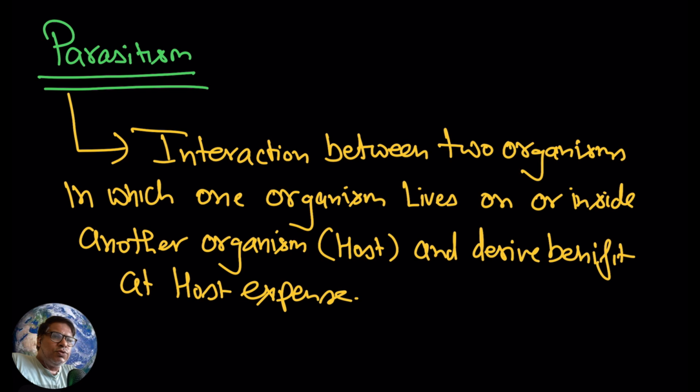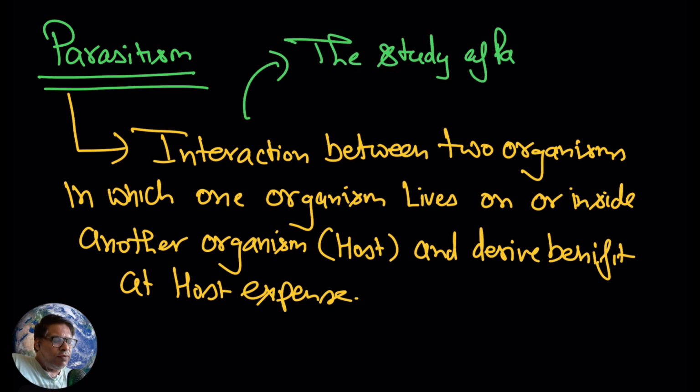So one organism is dependent on another organism. The other organism is the host. The first organism, the parasite, derives benefit at the host's expense. So they are dependent on the host for their survival.